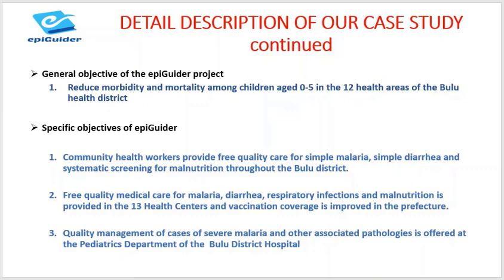At the health facility level of health centers, EpiGuider aimed to provide free quality medical care for diarrhea, malaria, respiratory tract infections, and malnutrition. At the level of the district hospital, EpiGuider aimed to provide quality management of cases of severe malaria and other associated pathologies.